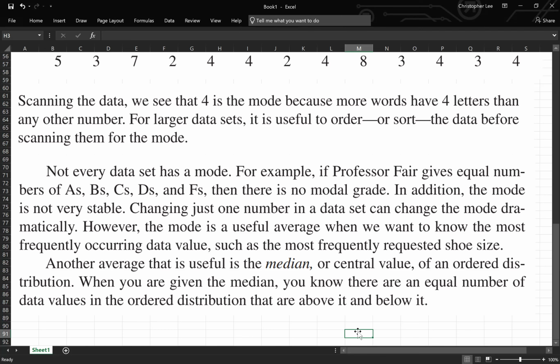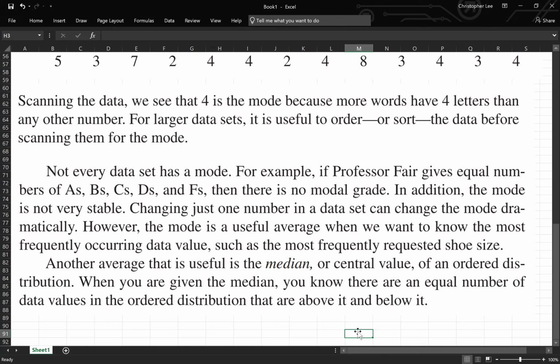Another average that is useful is the median, or the central value of an ordered distribution. So when you are given the median, you know there are an equal number of data values in the ordered distribution that are above it and below it. When you hear the word median, think of the word middle. So median is the middle number.